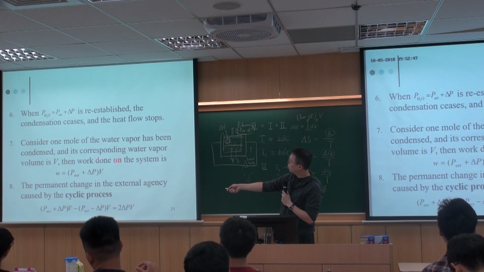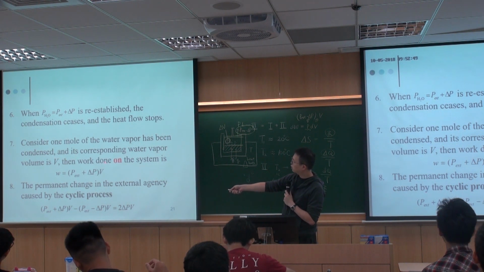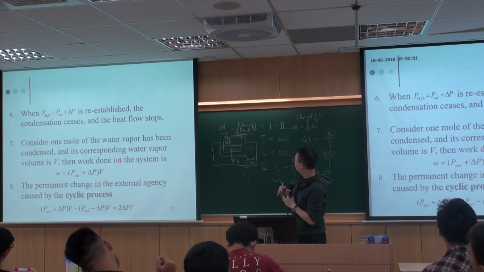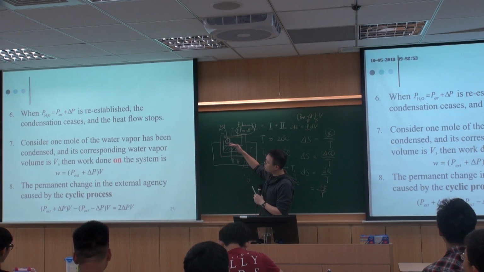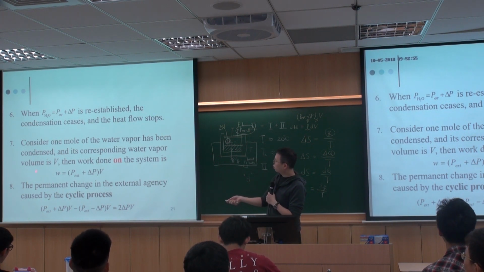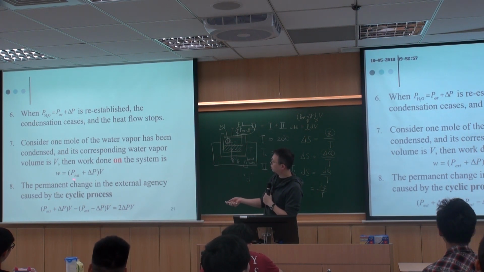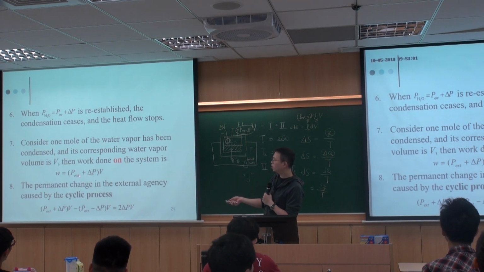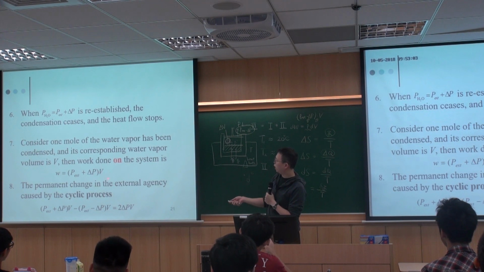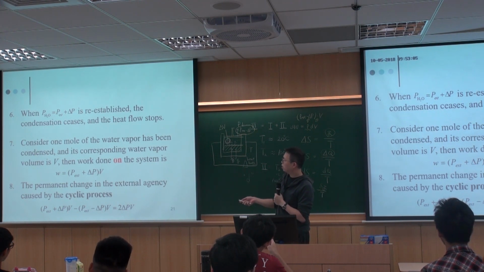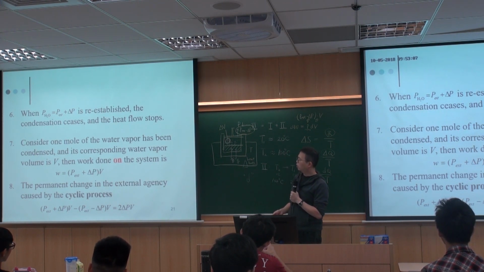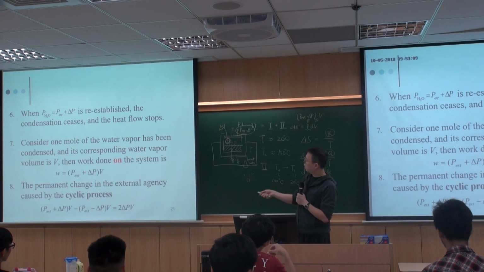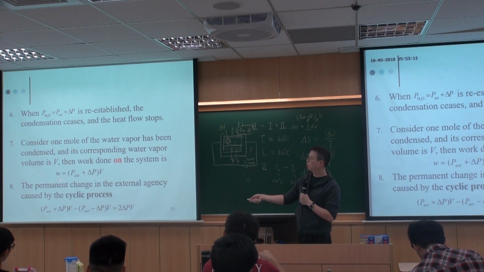As you can see, during the reverse process, the work is done on the system because we're pushing this down. And the work done on the system is something like this because the pressure is increased by this P plus delta P suddenly. And there's a change of volume, which is V. So the PDV work will be the product of these two.